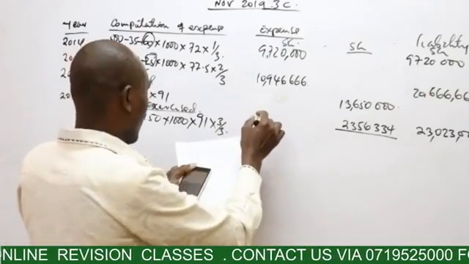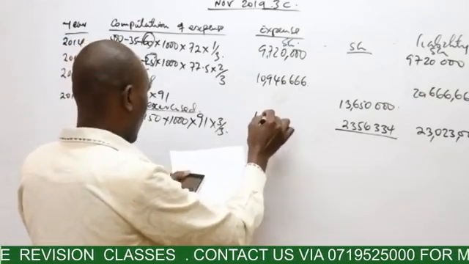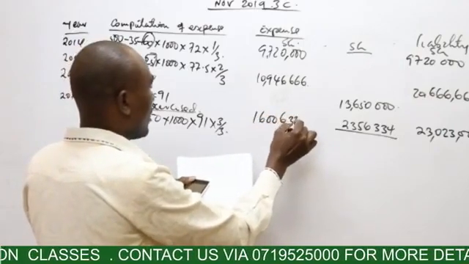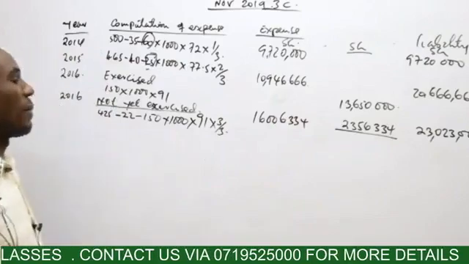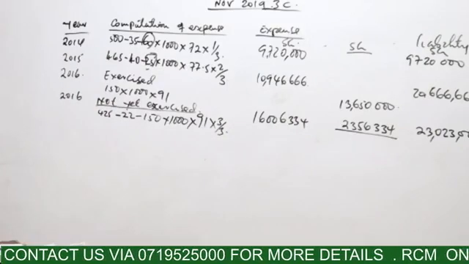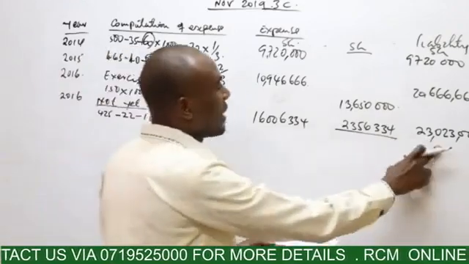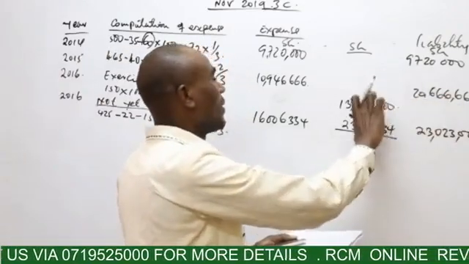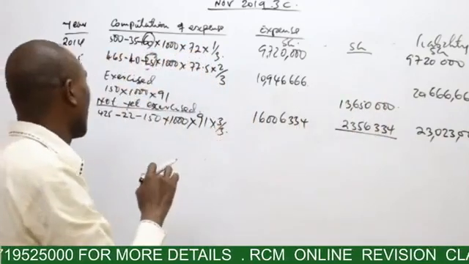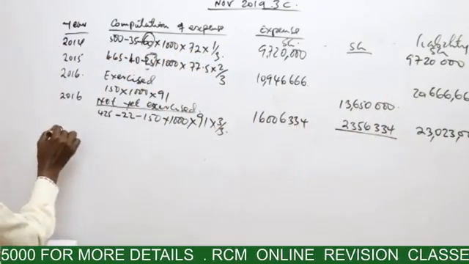I'm getting 16,00,6334. That is what I'm getting as the total expense for year 2016. Remember, you get the cumulative liability, you compare this, then you add them together to get the cumulative expense there. Then we go to 2017.